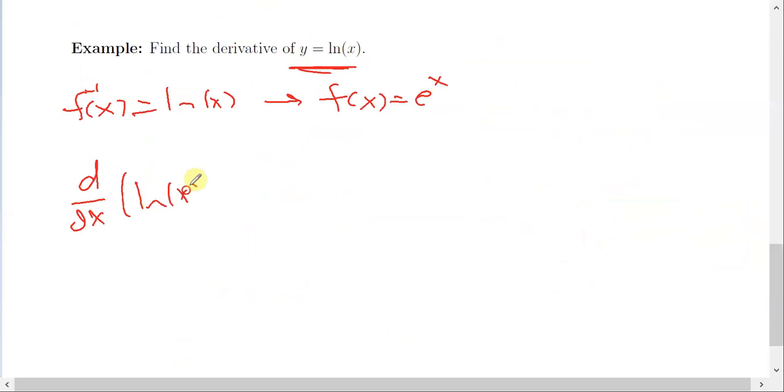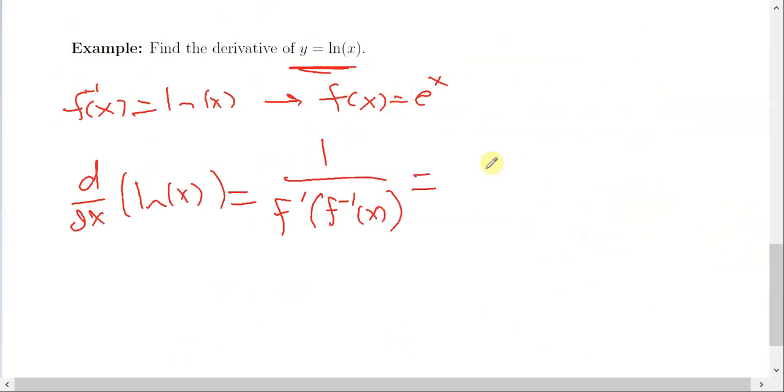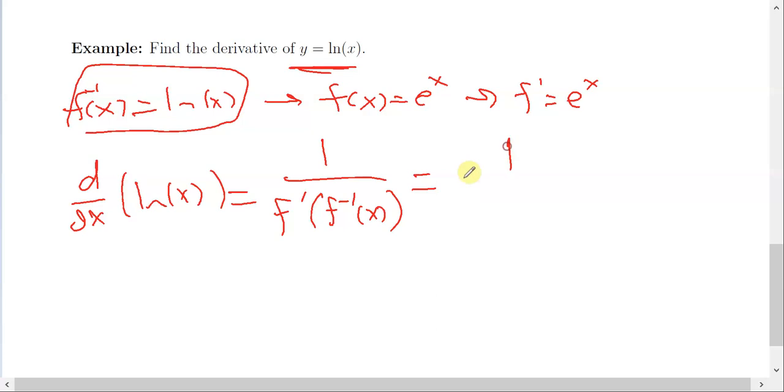Well, according to our formula, that's equal to 1 over the derivative of f, evaluated at my f inverse. Well, the derivative of f is just e to the x, and f inverse is natural log of x, so this ends up being 1 over e to the x evaluated at f inverse.